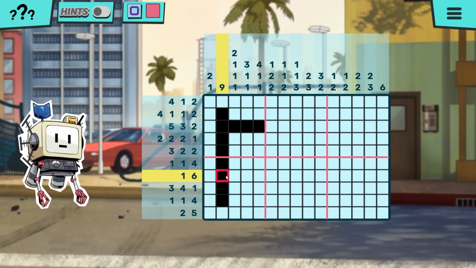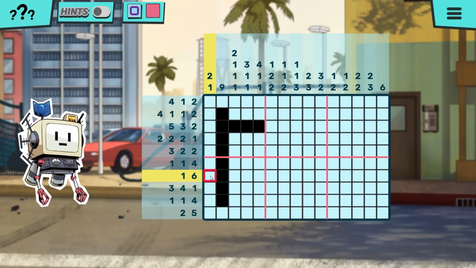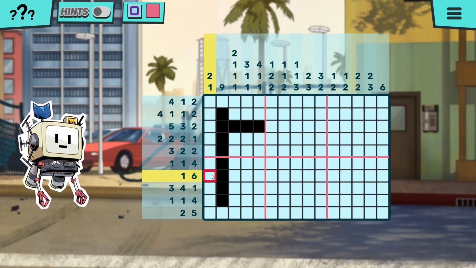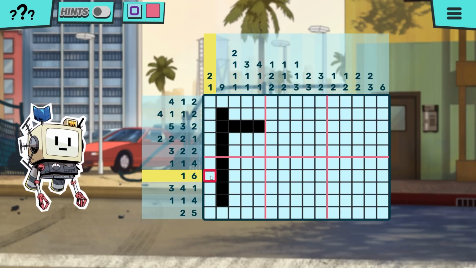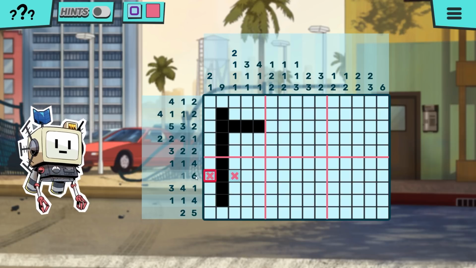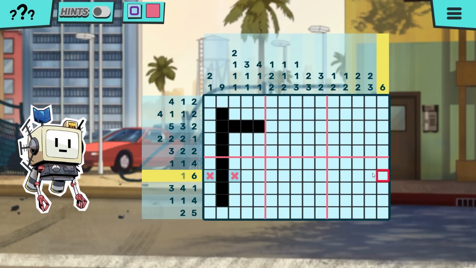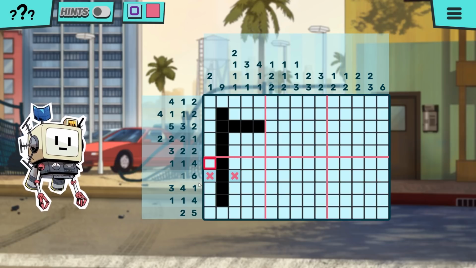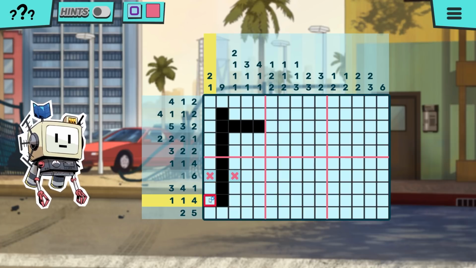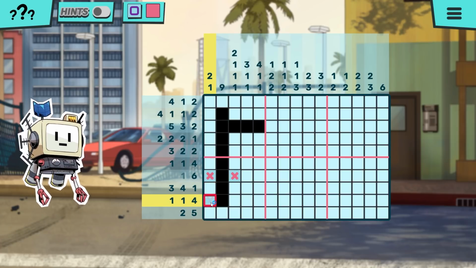Okay, let's see. I mean, you can't have anything on either side of this with the 1. So that means that this is the 1. And the 6 can be anywhere in here, pretty much. Okay, anything else that might start with 1s? Yeah, this does.